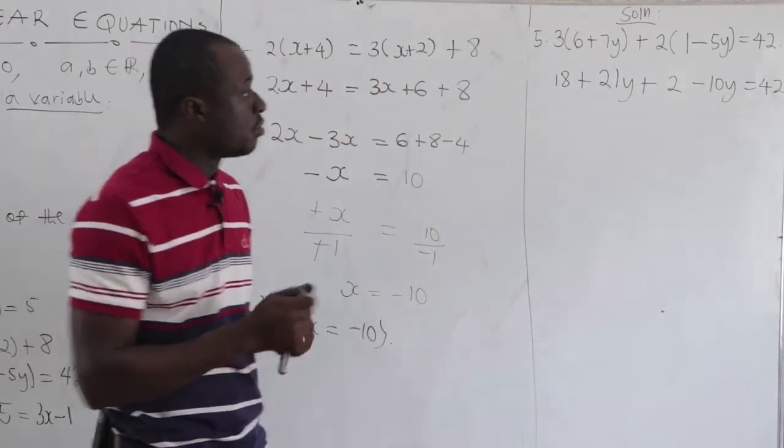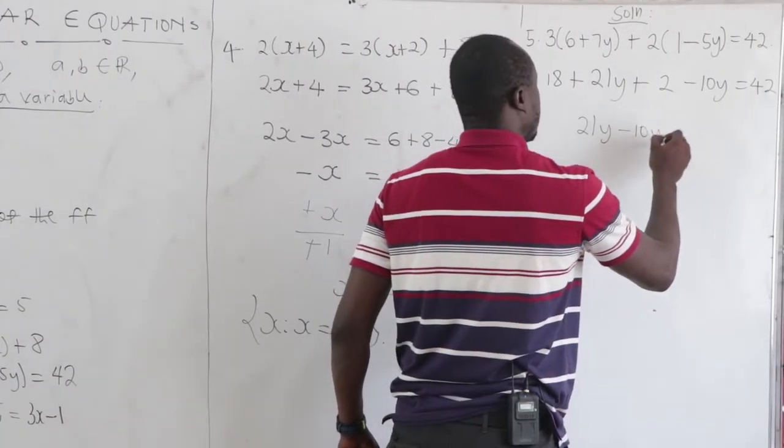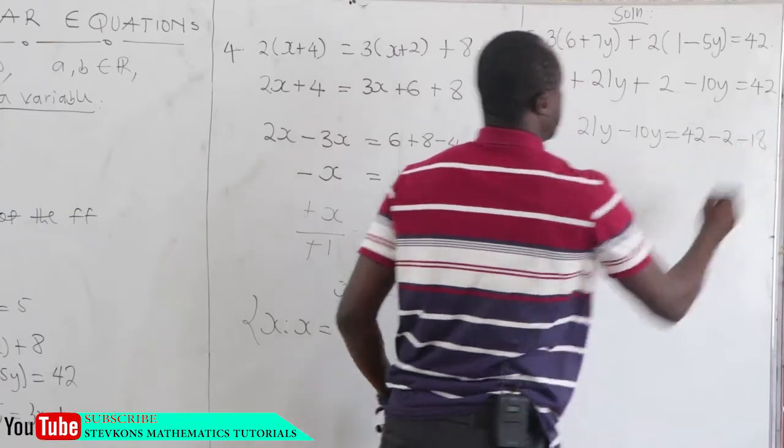From here, what do we do? We group like terms. So we have 21y minus 10y equal to 42 minus 2 minus 18.